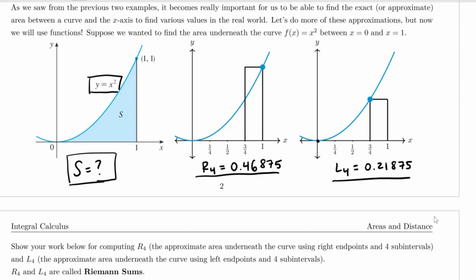So we're going to make our rectangles skinnier, and by making them skinnier, we're going to be able to fit more rectangles into our interval. Here we divided our interval into 4 subintervals. Let's divide it into more of them.